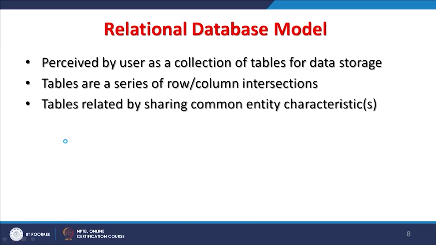Basically, the information is stored as a relational database, but in the form of tables, at least on the display side. Tables are, as you know, a series of row and column intersections, and tables are related by sharing a common entity characteristic.